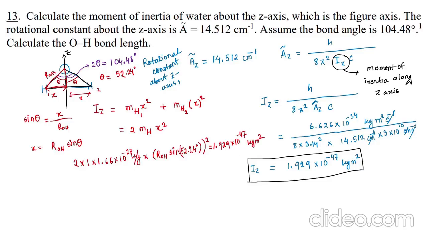So kg and kg will cancel. R_OH square will be 1.929 times 10 to the power minus 47 meter square divided by 2 times 1.66 times 10 to the power minus 27 and sine square 52.24, so we need to get the value of that.